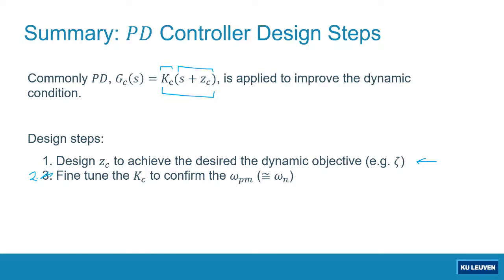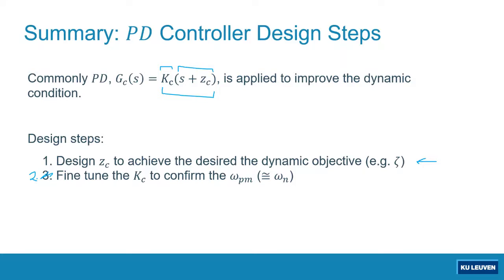So this slide basically concludes all of our discussion in controller design. I mentioned a long time ago that there exists a combination of P, I, and D controllers together to form a PID controller.